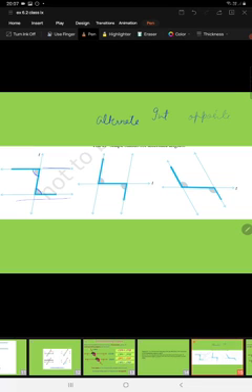That is why they are called alternate interior angles. So alternate interior angles give the idea of the shape Z.